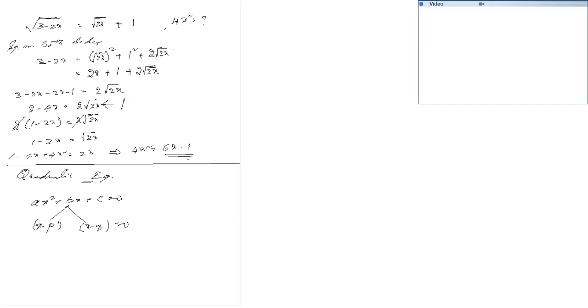These two are called factors of the given equation, and p, q are called the values, solutions or roots of x.